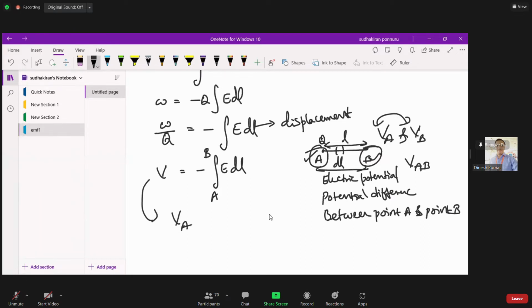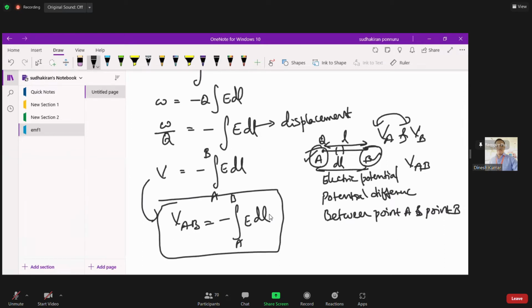So VAB will be equal to minus integral A to B of E dl. This is the expression for electric potential.